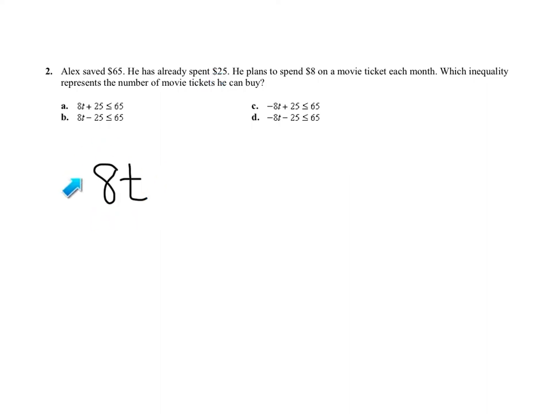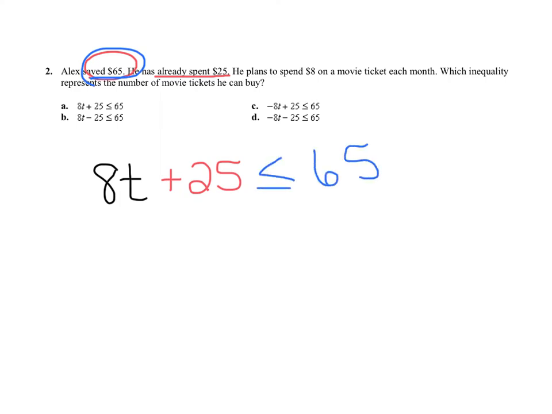So to this amount that we're spending, we're going to add $25 more because of this part right here. He already spent that. And then he has a total of $65. He can't go over this amount. So it's going to be less than or equal to 65 because that's the most that we can spend.